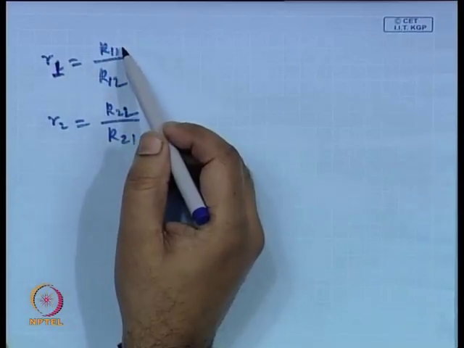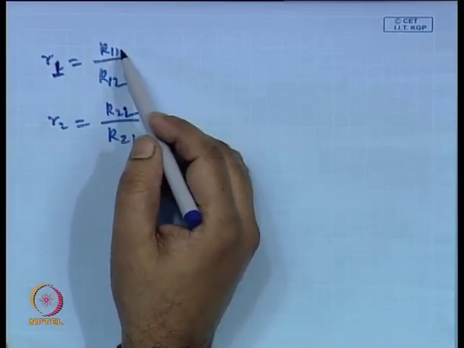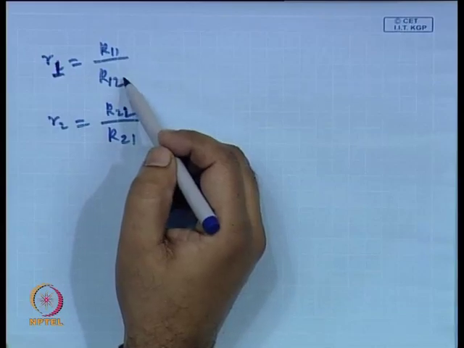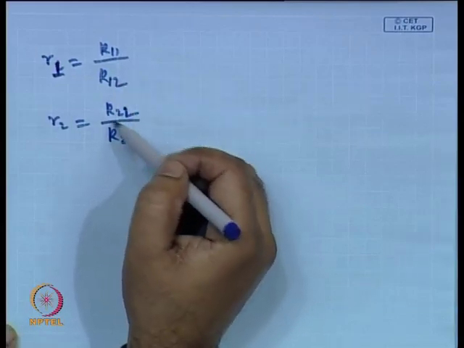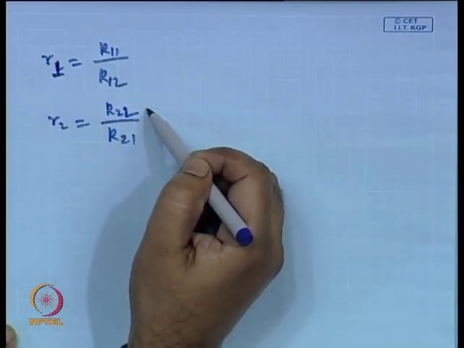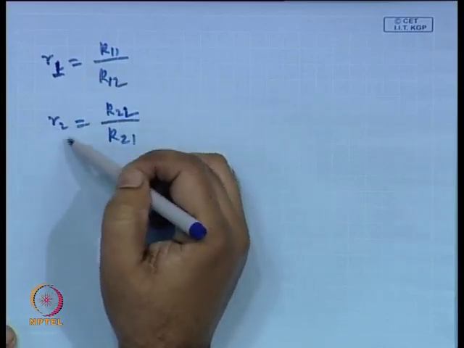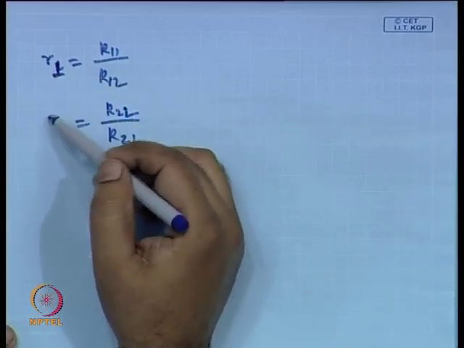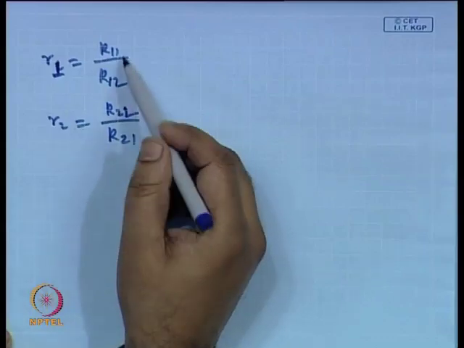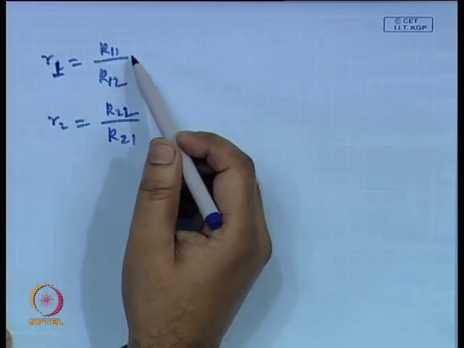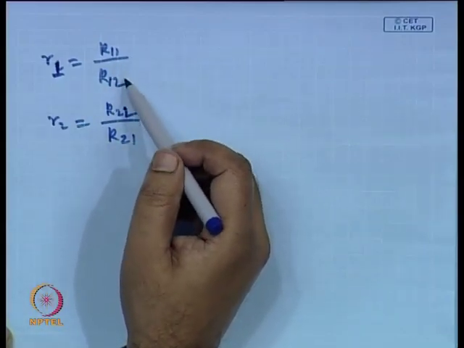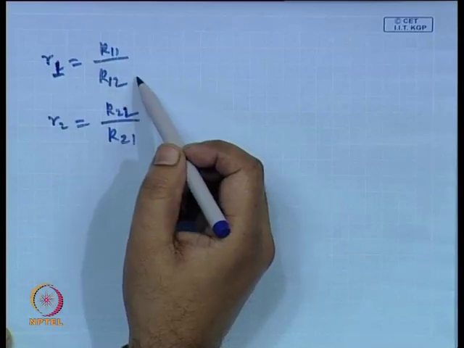This is the ratio of homopropagation and cross propagation. This is a homopropagation and this is a cross propagation. In this case also, this is a homopropagation and this is a cross propagation. So, basically r1 and r2, the monomer reactivity ratios, are the ratio of the corresponding homopropagation and cross propagation.